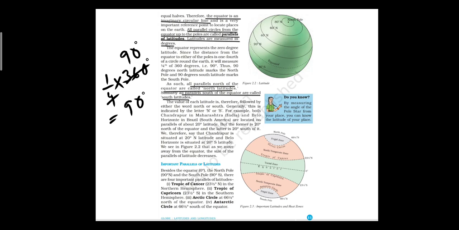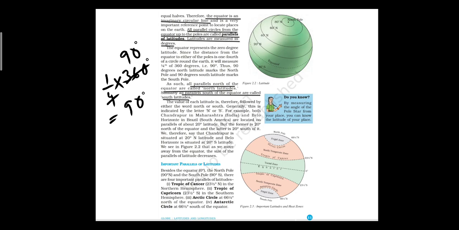All the latitudes from the equator up to the north are known as north latitudes, and all the latitudes from the equator to the south are known as south latitudes. This might be asked as definitions, so I would advise you to underline all these lines because they might come as definitions.